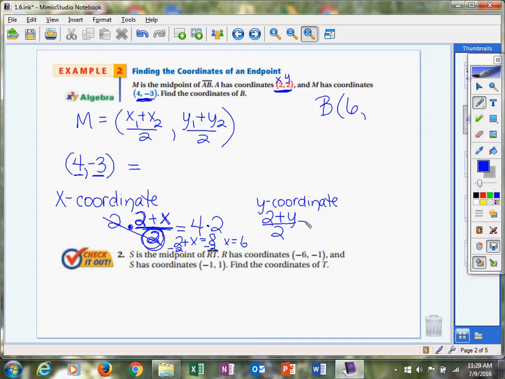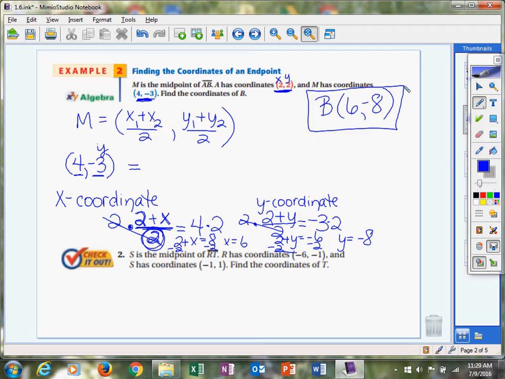Divide that by 2, and that's going to equal the y coordinate of the midpoint, -3. Solve it the same way. Get rid of the denominator by multiplying each side by 2. Now I have 2 plus y is equal to -6, and then subtract 2 from each side, and y is -8. So that missing coordinate is (6, -8). That's what B is going to end up equaling.